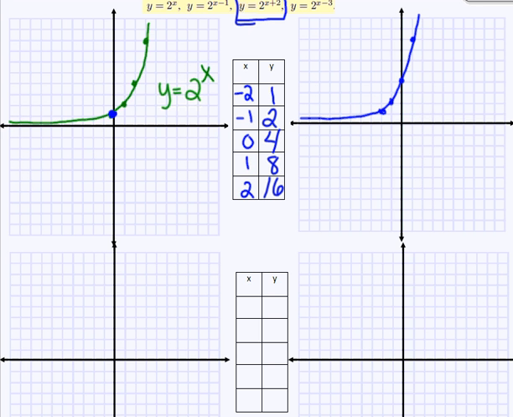And remember, we said if something was inside the brackets, it would affect x, and it would do it backwards than what we expected, the opposite of what we would expect. So again, this is affecting x. Even though it's not in brackets, it's in our power, and it's in our exponent. So that exponent, anything within that is going to affect x. And what it did there is it moved our graph left.